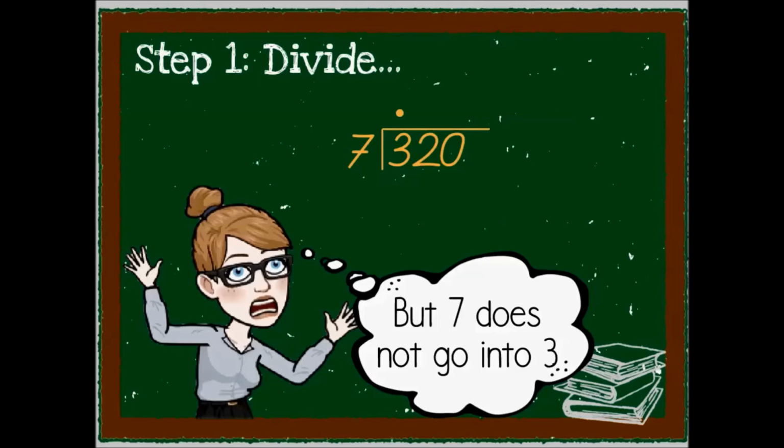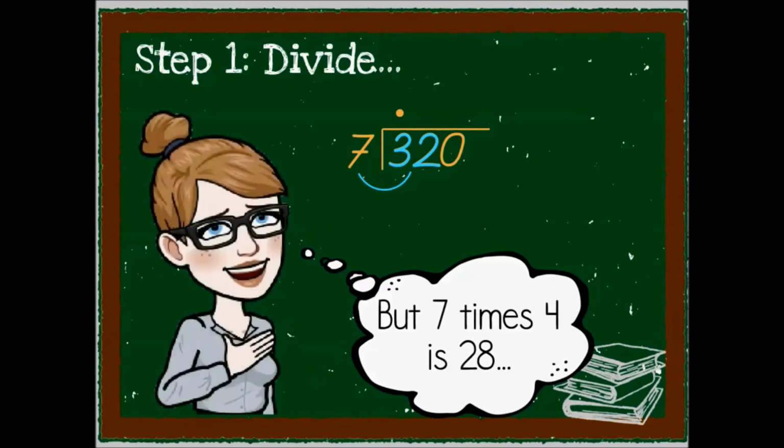Now let's try again by getting the next door neighbor to help out. Now it is 32, and 7 can definitely go into 32. Luckily, we know that 7 can go into 32 4 times because we know our times tables. Park that 4 next to the dot on the roof.